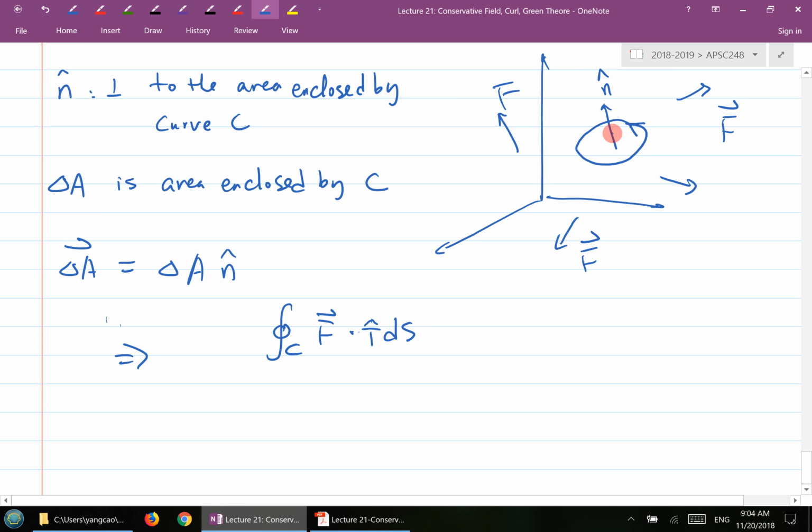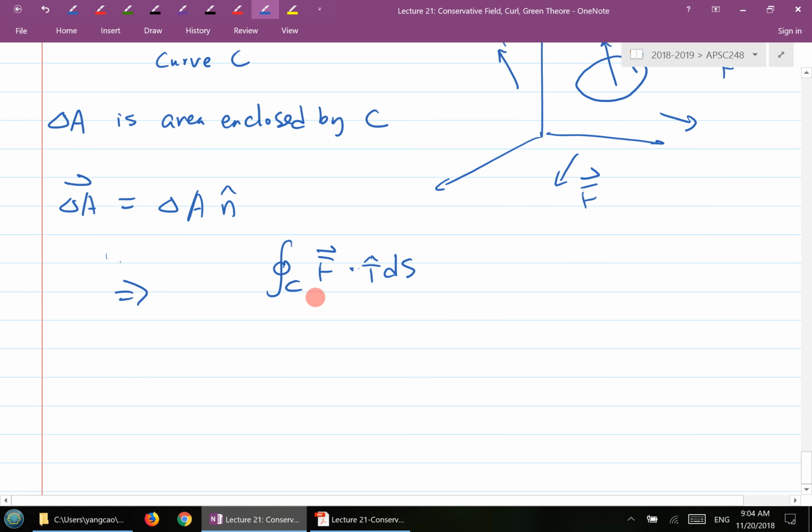What I'm doing here is the line integral over the curve C, and then I'm going to divide this quantity by the area delta A. So what does this division give us?